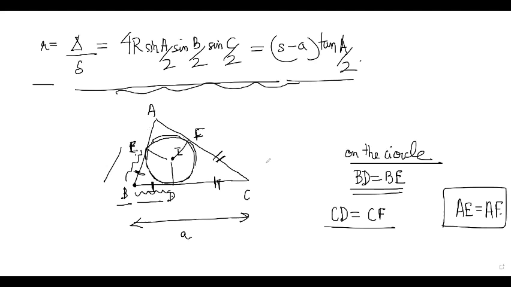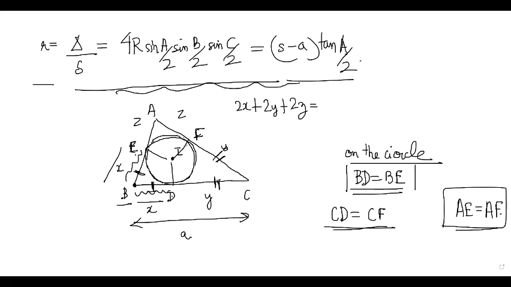What you know is that these lengths are equal, right? BD is equal to BE, CD is equal to CF, AE is equal to AF. Now let's call these lengths x, x, y, y, z, z. So it will become 2x plus 2y plus 2z is equal to the whole perimeter.